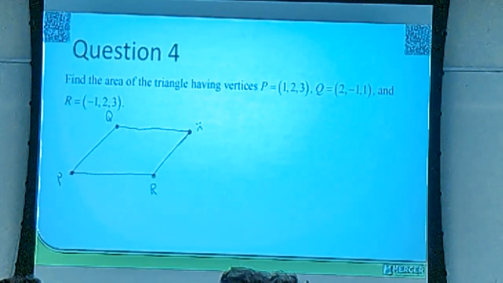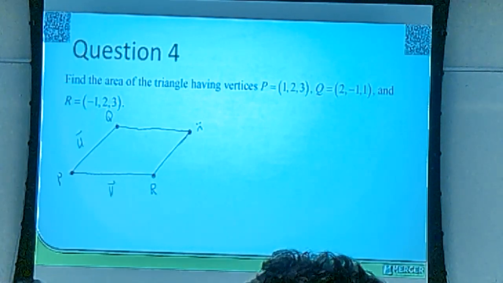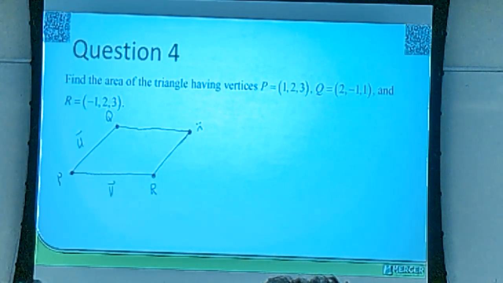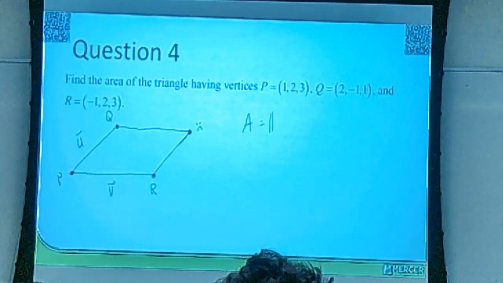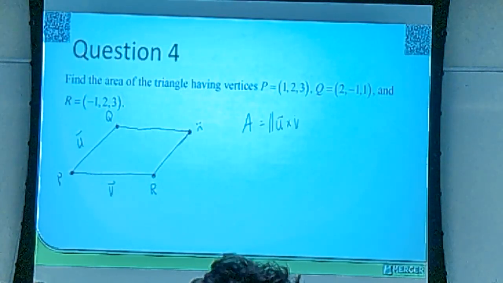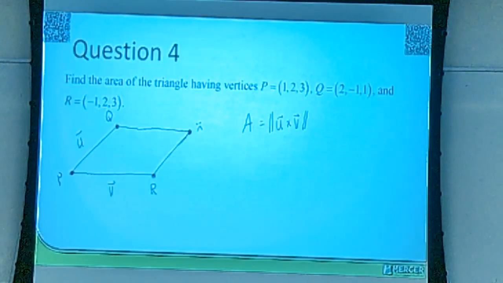It has adjacent sides PQ and PR, right? Let's call those vectors U and V respectively. That's its area, right?